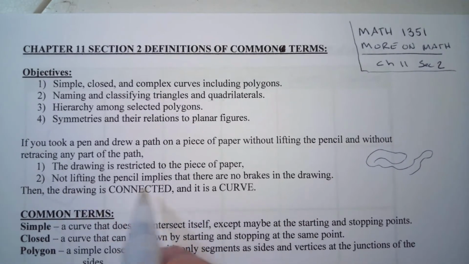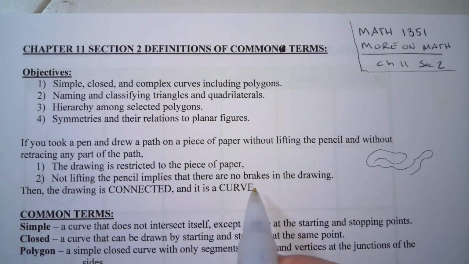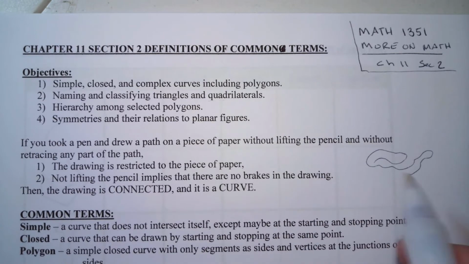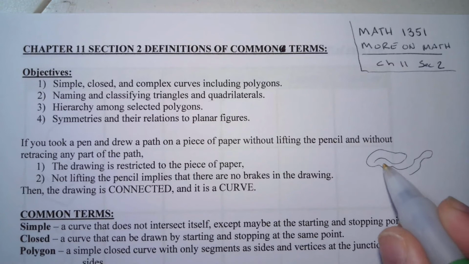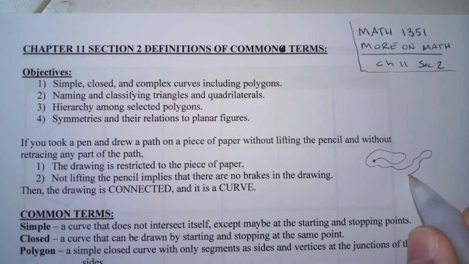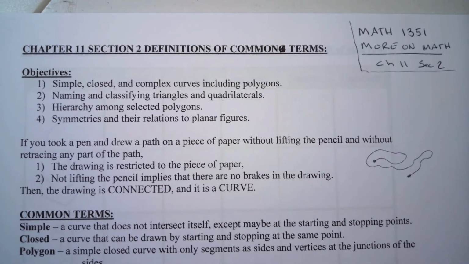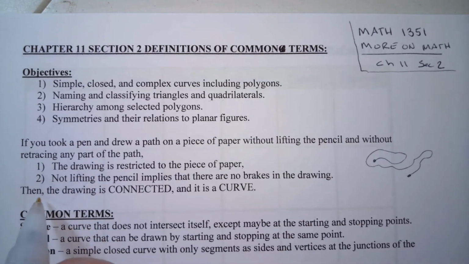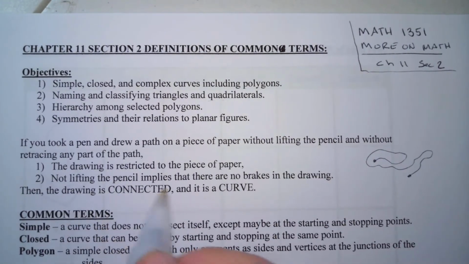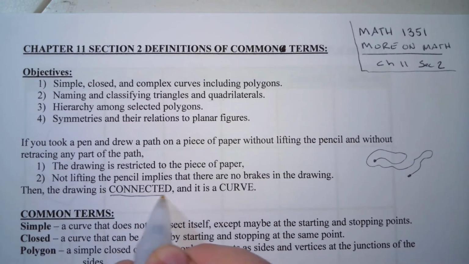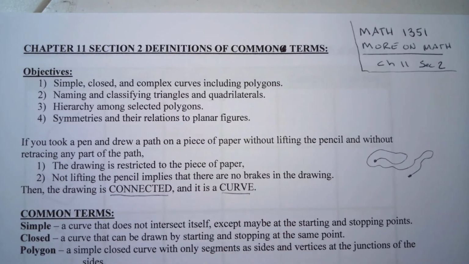By not lifting the pencil implies that there are no breaks in the drawing. True, that's a definition of continuity. It's continuous. Once I stop, that's a continuous drawing. Then, if those two conditions are applied, then we know the drawing is connected and it's a curve.